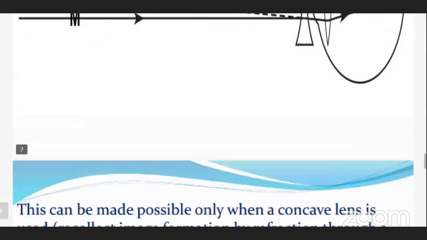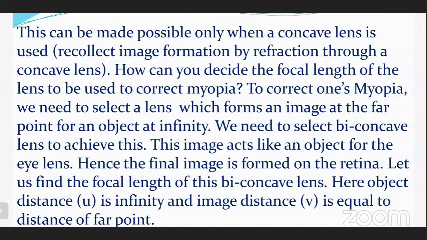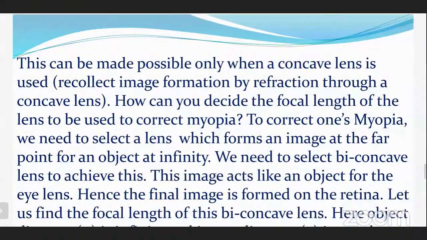Okay, listen here. This can be made possible only when a concave lens is used. Recollect image formation by refraction through a concave lens from the previous lesson. You know how the image is formed by the concave lens. So we can use a concave lens.